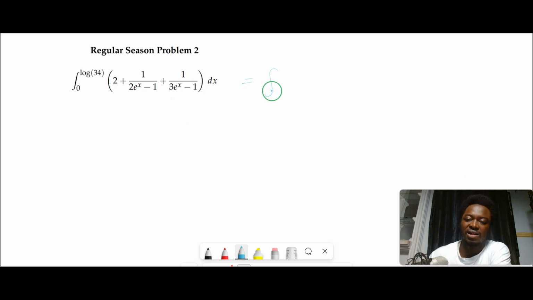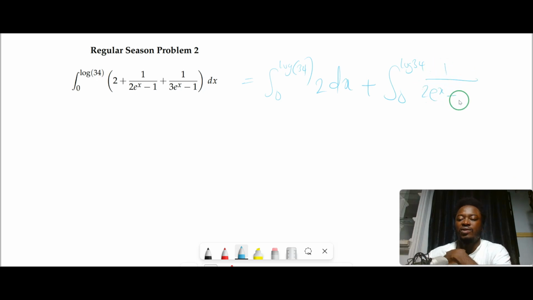You can write this as the integral from 0 to log of 34 of 2 dx plus the integral from 0 to log of 34 of 1 over 2e to the x minus 1 dx. And then finally, you have the integral from 0 to log of 34 of 1 over 3e to the x minus 1 dx.